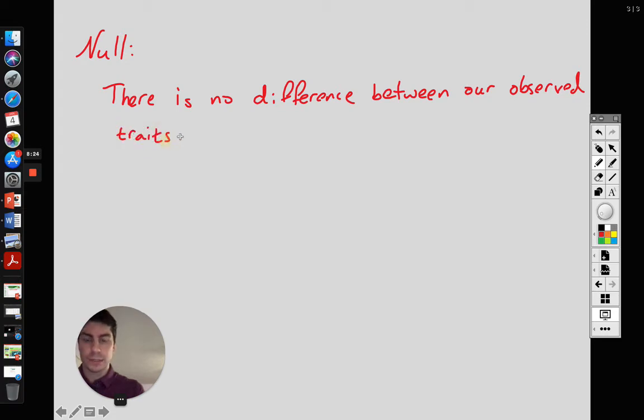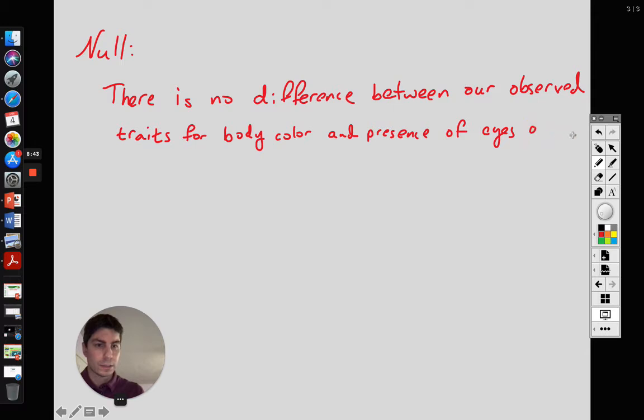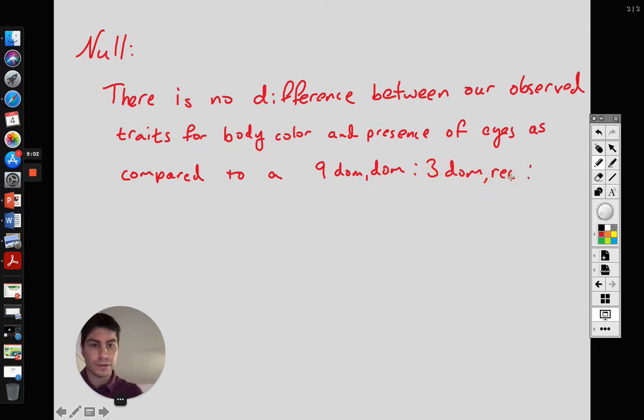I'm just giving you an example of it. For body color and presence of eyes, as compared to a 9 dominant-dominant to 3 dominant-recessive to 3 recessive-dominant to 1 recessive-recessive.